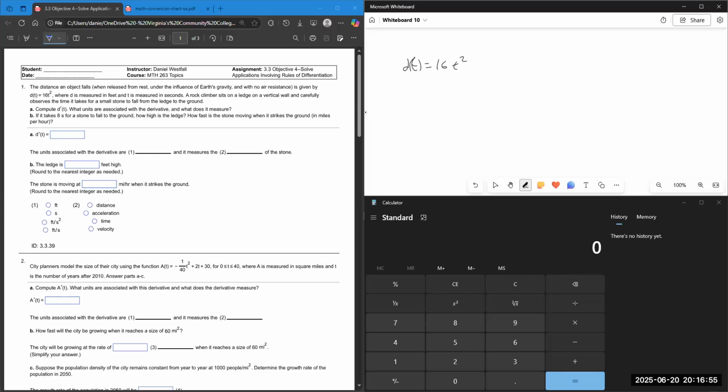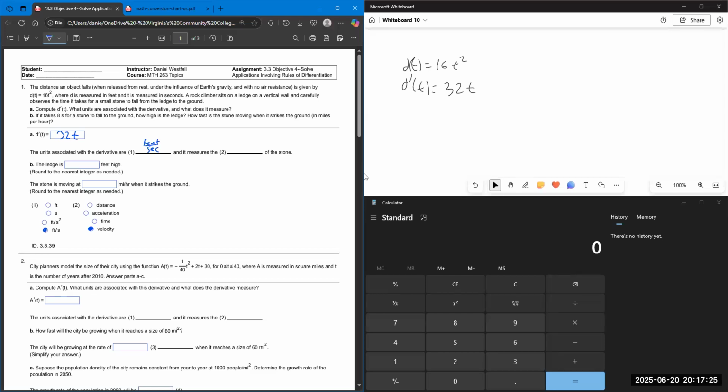Again, we're just looking at distance. So d prime of t is going to be 32t. And the associated units of this derivative will be feet per second, and it's going to be a speed or velocity.